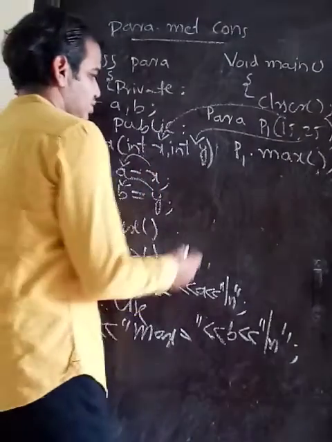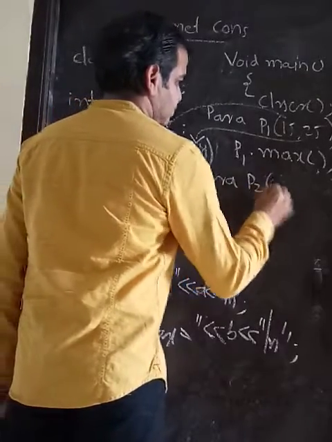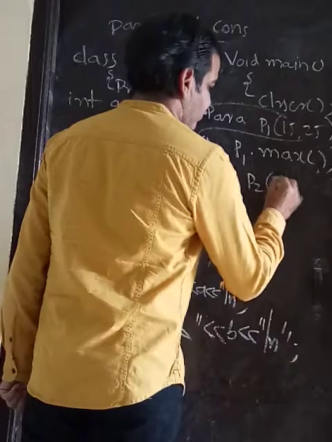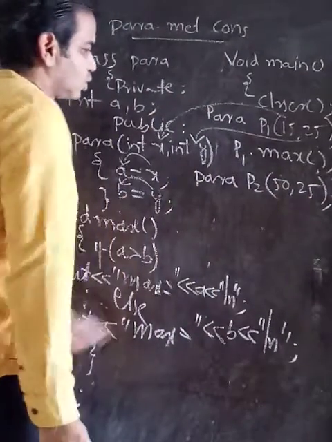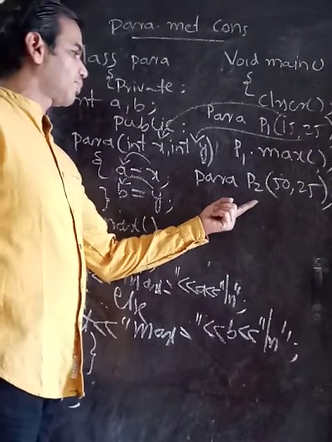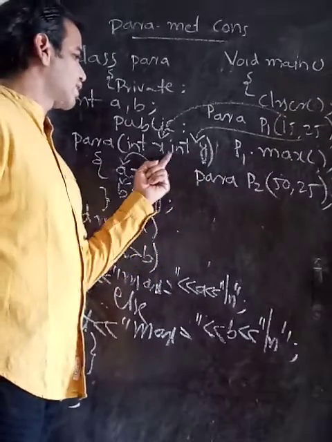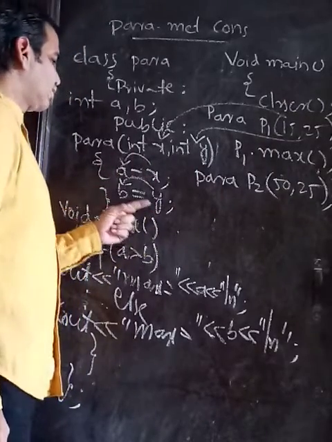Then next, para P2, where I am passing 50, 25. Through the P2 object we can create any number of objects. Through the P2 object we are passing 50 as x and 25 as y. The x value we are assigning to a, the y value to b.